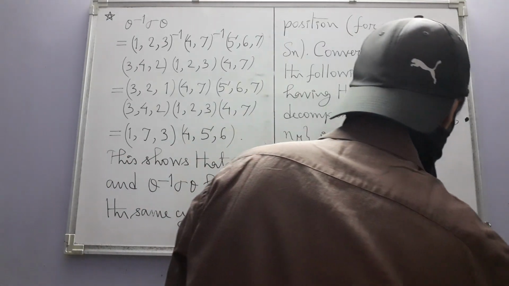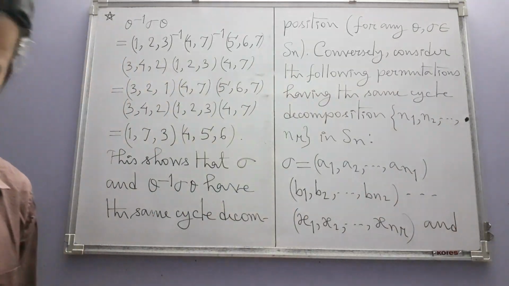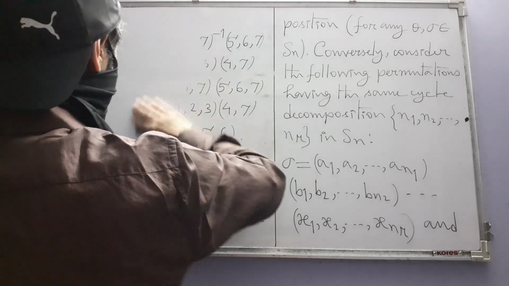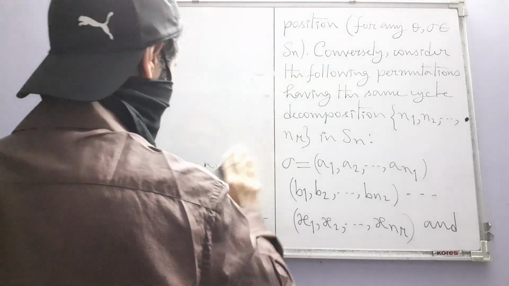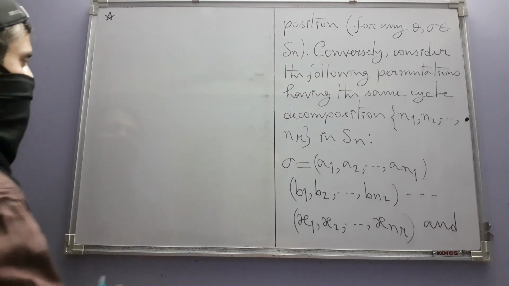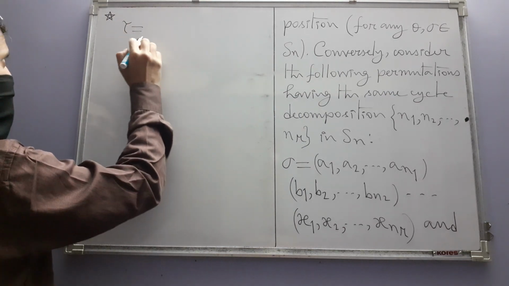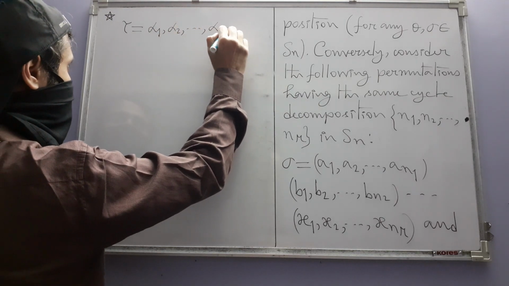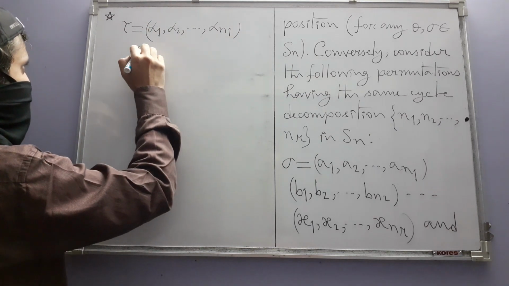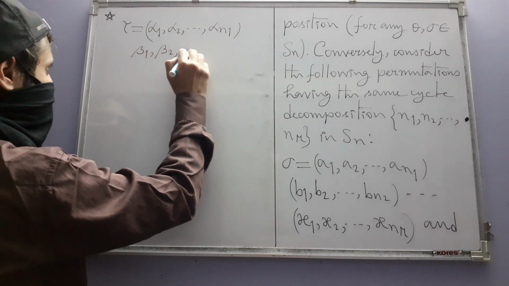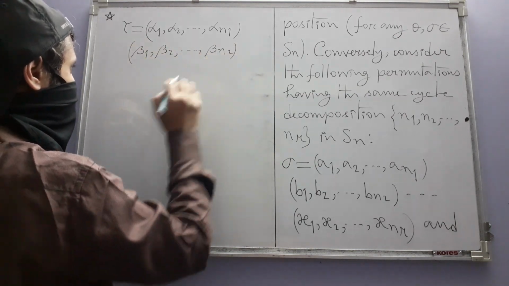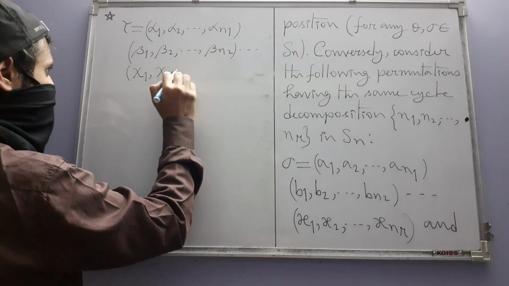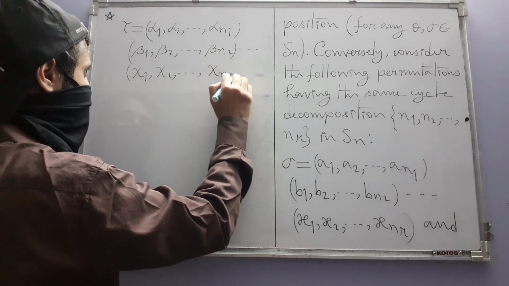This is one, and there is another such. And say tau, that is again a product of some cycle of length N1 times some cycle of length N2 and finally some cycle of length Nr.